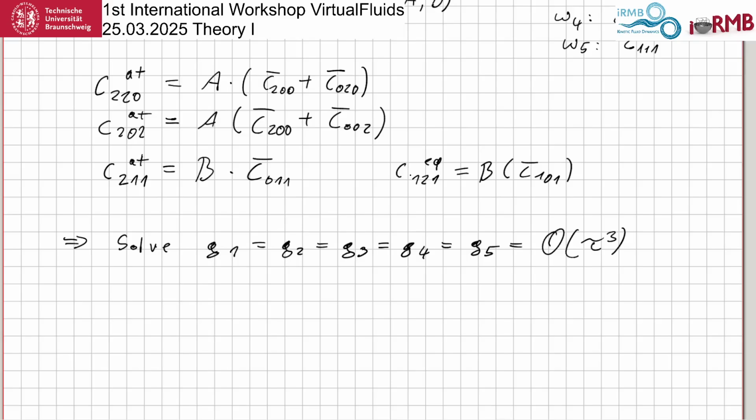And now you solve this thing for omega 3, omega 4, omega 5, and A and B. And the most amazing thing is that this actually has a solution. So there is a magic parameter solution.